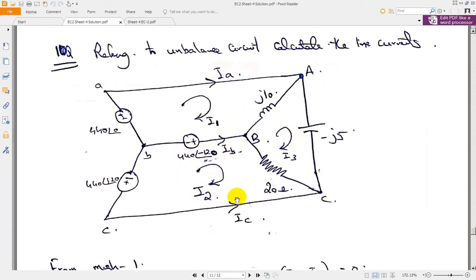We want IA, IB and IC. So if we want to evaluate IA, IB and IC, we need to evaluate I1, I2 and I3.